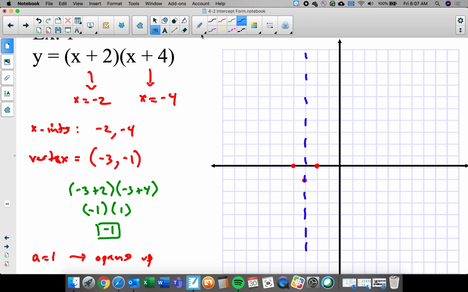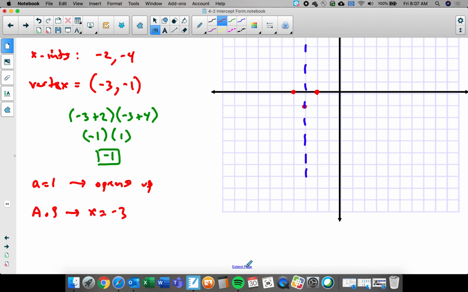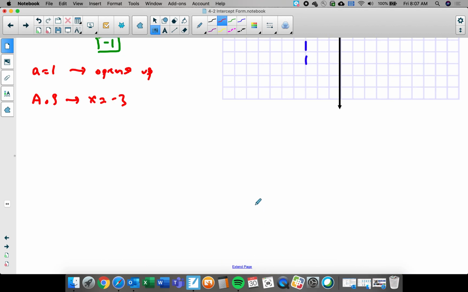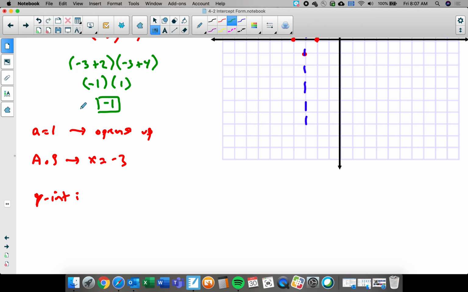And then the only thing left that I really need to find is the y-intercept. If I wanted to find the y-intercept, remember, that is when x equals 0. So just like I did when I was finding the y-coordinate of my vertex, I'm going to plug in 0 into the factored form instead of -3.